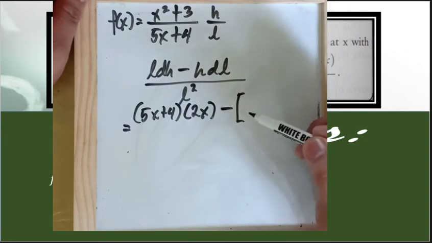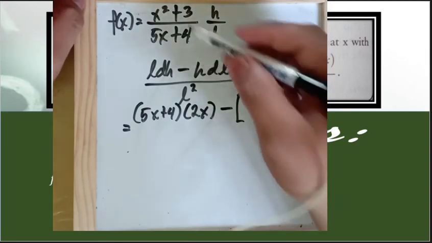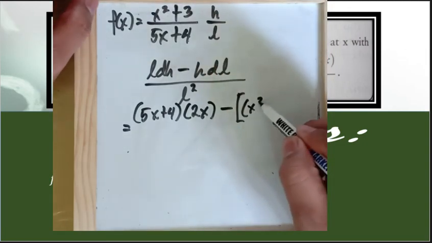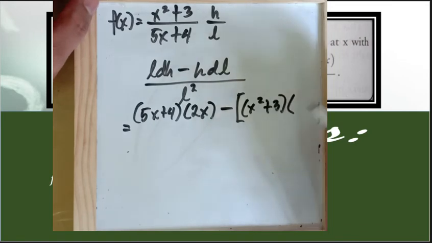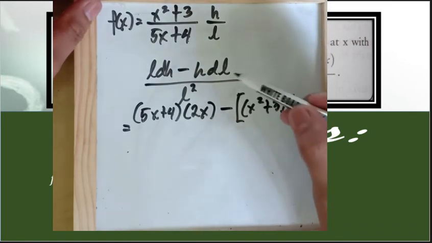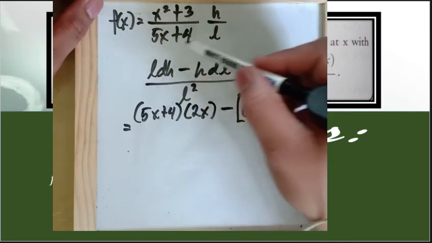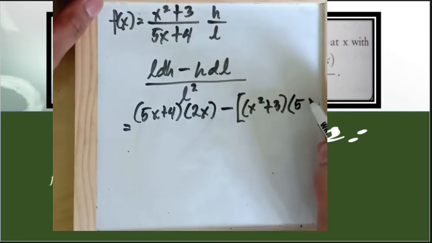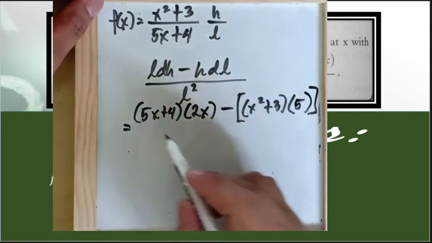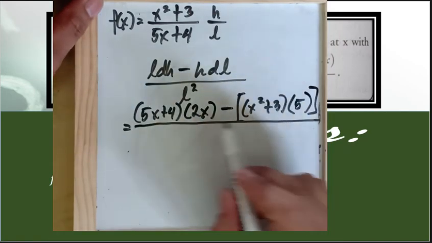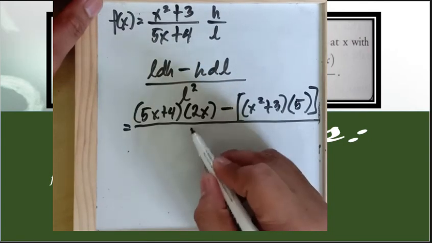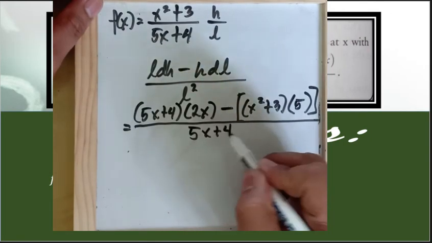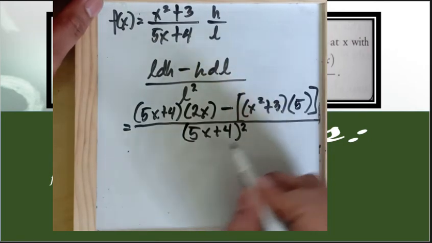Copy your h or high function x squared plus 3, then multiply the derivative of the low function. What is the derivative of the low function? 5x plus 4? Yes, you're correct. It's 5. Very good. Divided by your low squared is 5x plus 4, then square.